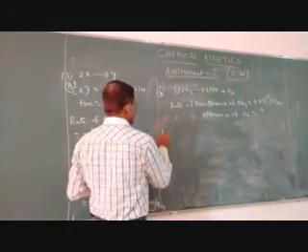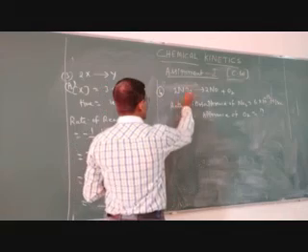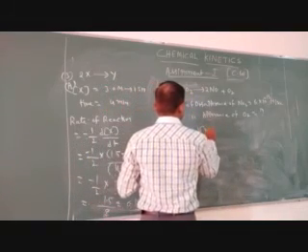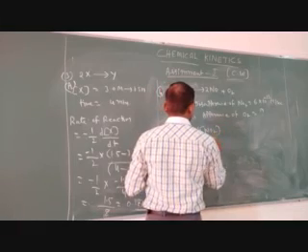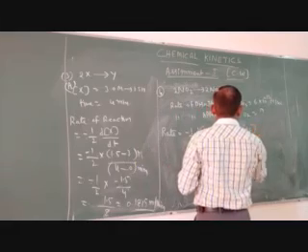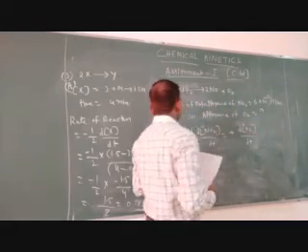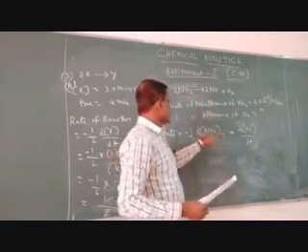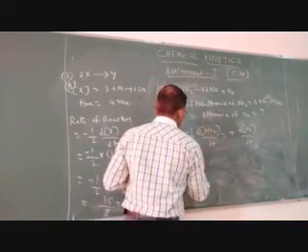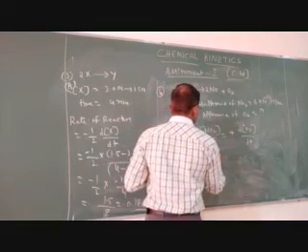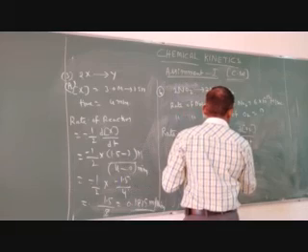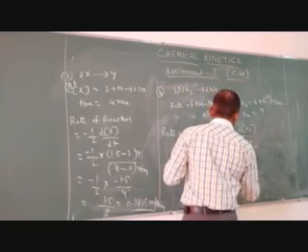Now, your comparison of NO2 and O2, children. Write the rate expression with respect to NO2: minus 1 by 2 d concentration of NO2 by dt is equal to plus d concentration of O2 by dt. Here the given rate of disappearance of NO2 is 6 into 10 to the power minus 12. That is why 1 by 2 into 6 into 10 to the power of minus 12 is equal to d O2 by dt.